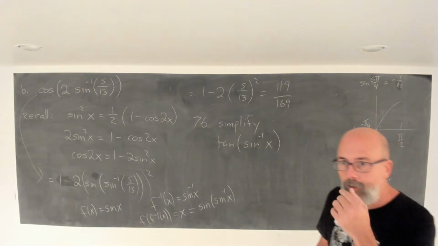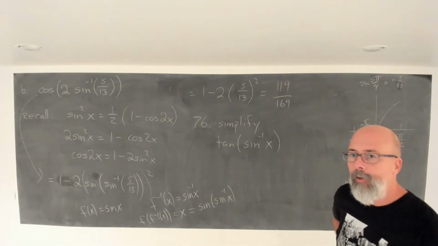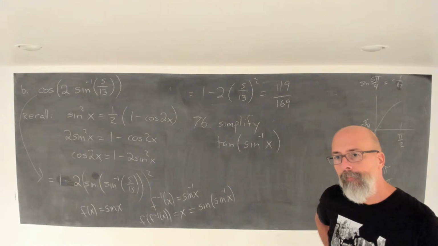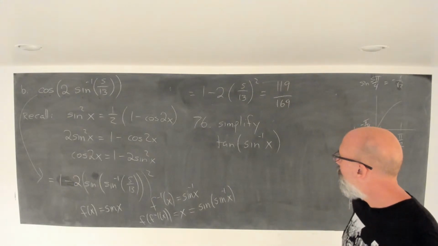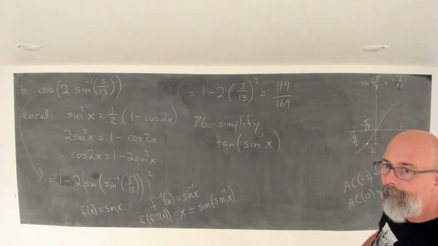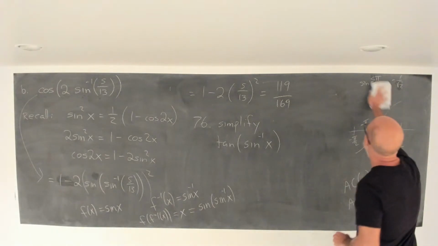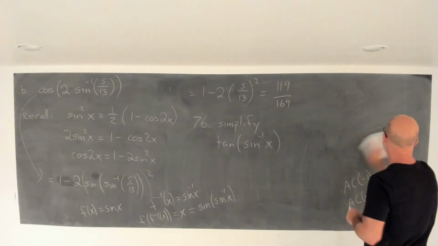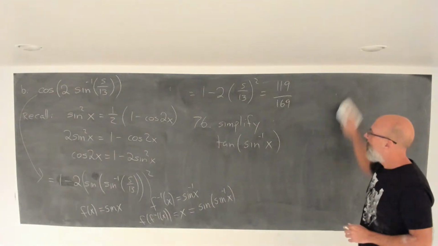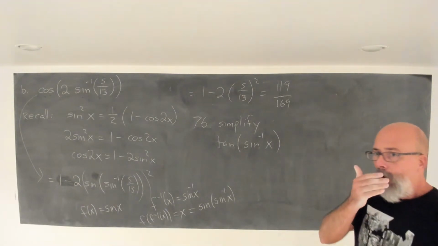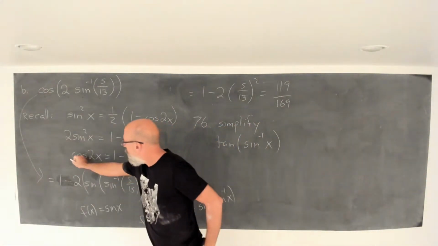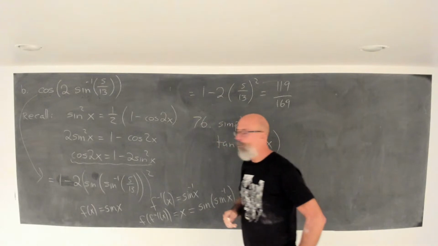So the composition, thank you, Kayla. Composition and Willem. Composition of a function and its inverse gives you x. We are asked to simplify this expression. What about the 2? We use this identity here to get rid of that 2.